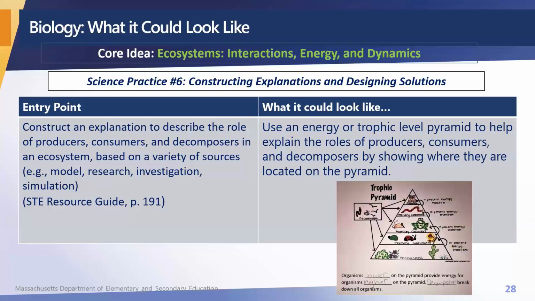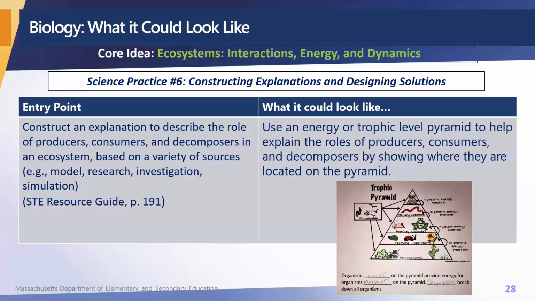But the entry point is to construct an explanation to describe the role of producers, consumers, and decomposers in an ecosystem based on a variety of sources. And the kids seem to love this one. What it could look like is using an energy or trophic level pyramid to help explain the roles of producers, consumers, and decomposers by showing where they are located on the pyramid.